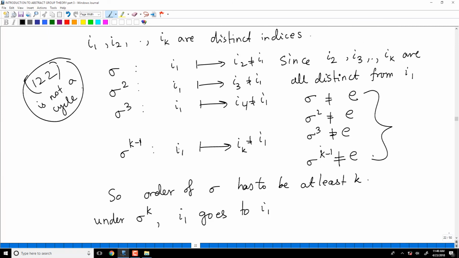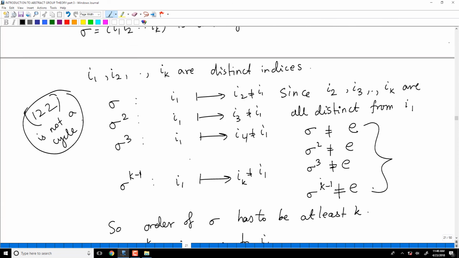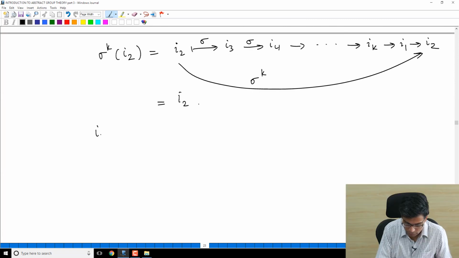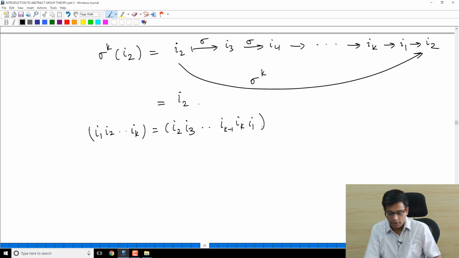And as I said, a cycle can start with any of the indices in it. So I wrote it here starting with I1, but I1, I2, Ik can be written as I2, I3, Ik minus 1, Ik, I1, right? And so now I2 is the first one. In the previous calculation we said the first one after k times will reach the first one again. So I2, after applying k times, we get to I2 again.